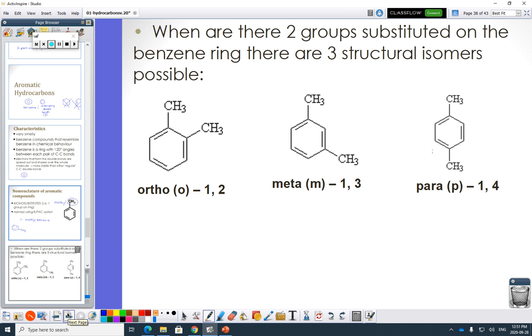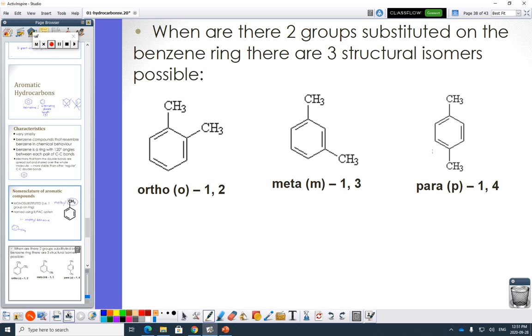Okay, so what happens if there's more than one group substituted? Because benzene has such a unique set of properties, we give it a unique set of isomer names, okay? So there are 3 possibilities because of the ring. Once you start to go this way, it could be this way, like you could just flip it. Same thing here.